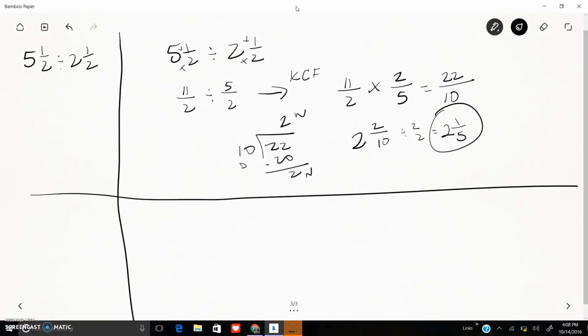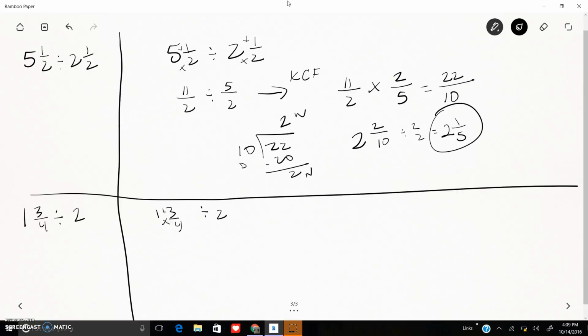All right, what if I have a whole number and a mixed number, let's say, 1 3/4 divided by 2. Same thing still applies. I need to make that a improper fraction.